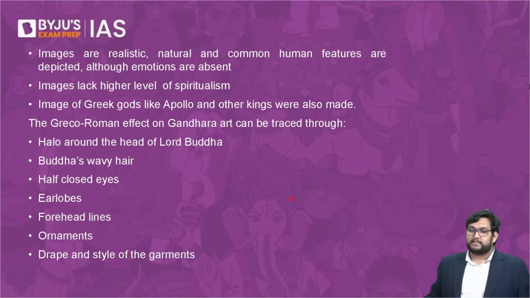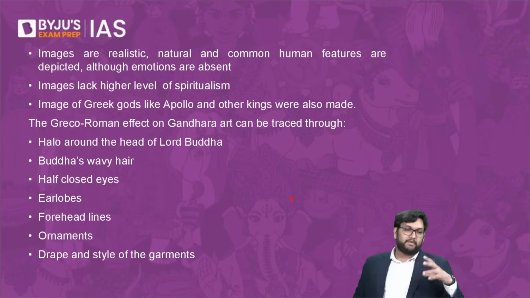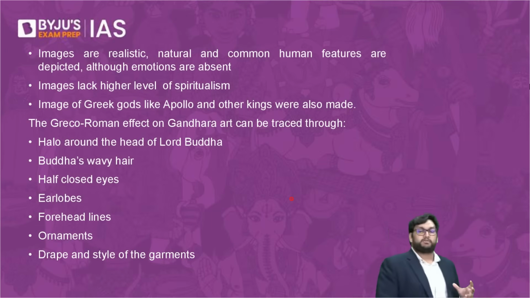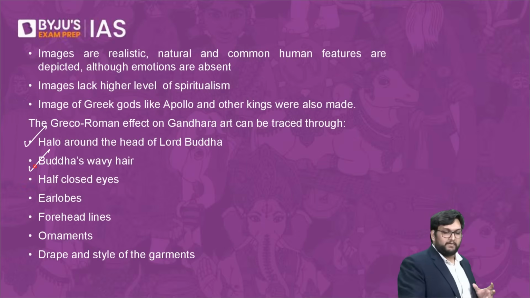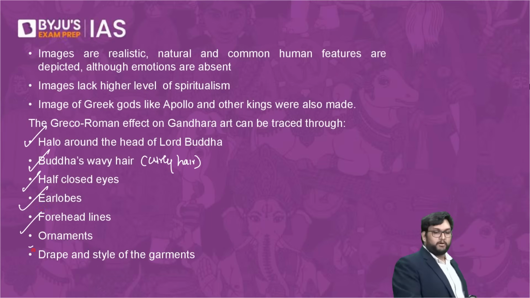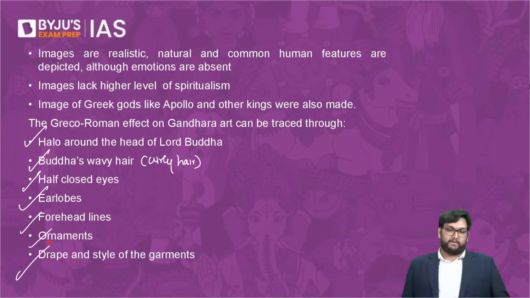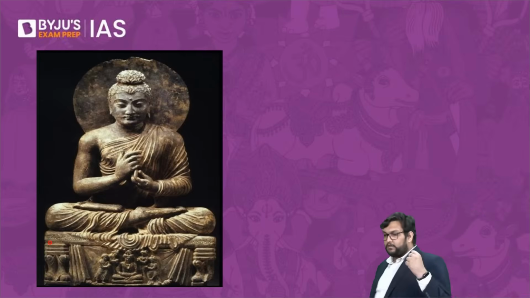But it is a very interesting thing that we have a proper Greco-Roman influence on these things: halo, wavy or curly hair. And thereafter we have half closed eyes, big earlobes, forehead lines, ornamentation and draping. Now this is an example of Gandhara art.